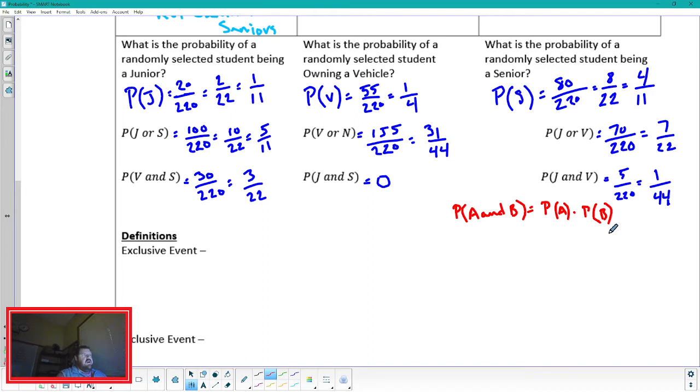We also found, and we didn't talk about them, but we found what we call inclusive and exclusive events. Exclusive events are events with no common outcome.